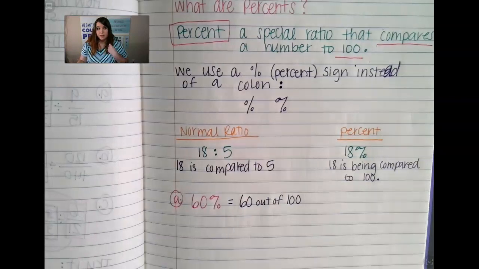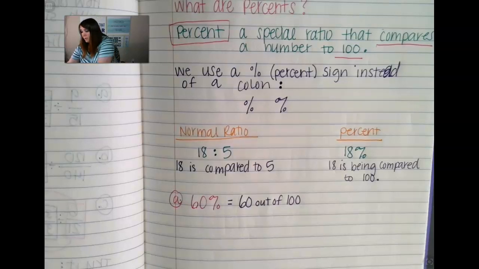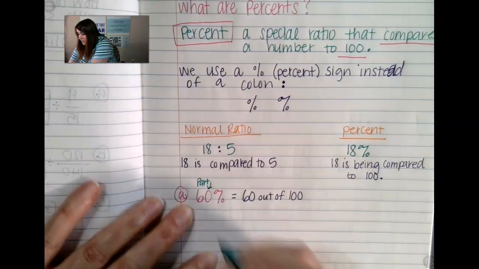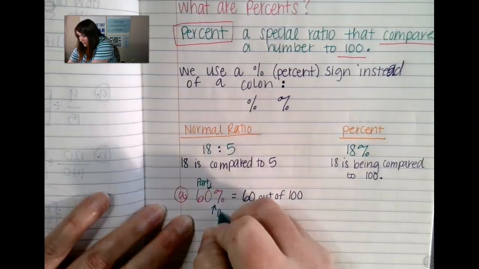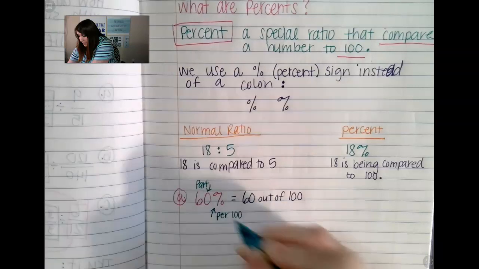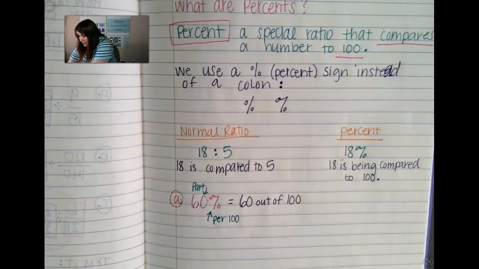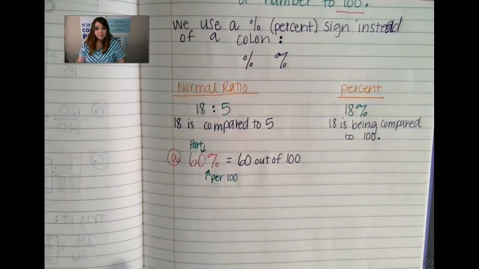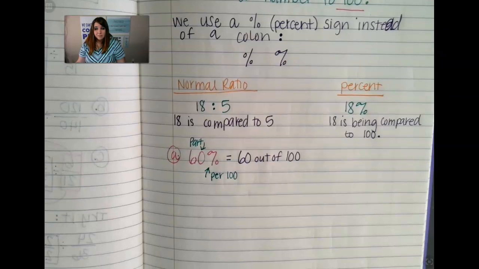My part is 60, and this means per 100. So my part is 60, and then my per 100 is right there. So for every 100, I have a 60. So that means 60 out of 100.